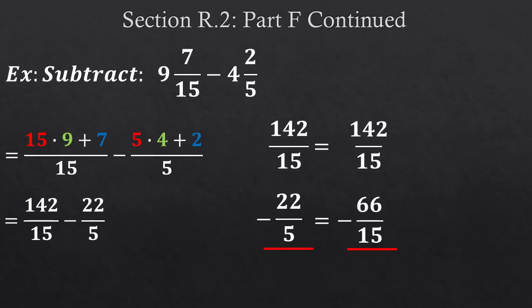Same denominators. We can now combine the numerators. If we do so, we get 76 over 15.